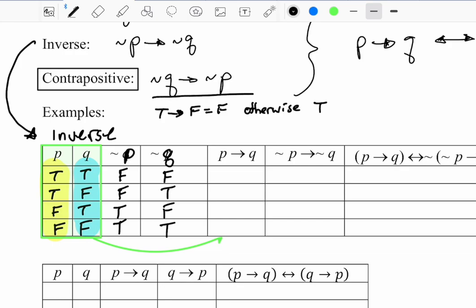This is a rule for conditionals. True implies false is false. Every other instance is going to give us a true. So I look across the board here, I see true and true, true and false, false and true, false and false. The only one that's going to give me a false would be the true then false. Everything else is going to be true.